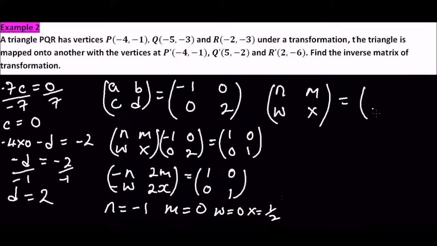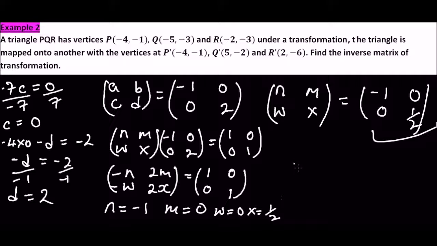So n is equal to minus 1, m is 0, w is 0, and x is a half. So that is the inverse matrix. And since we had said at the beginning that when you multiply the inverse matrix by the transformation matrix, you should get the identity matrix, then we can go ahead. So that's the end.